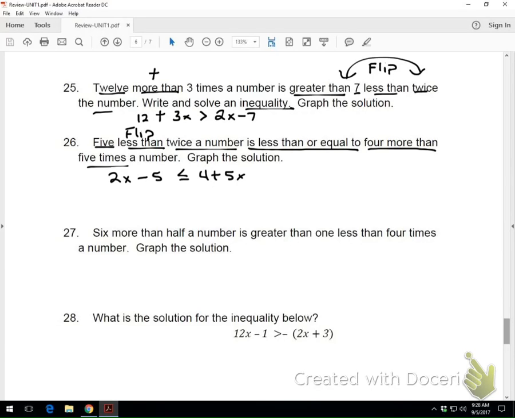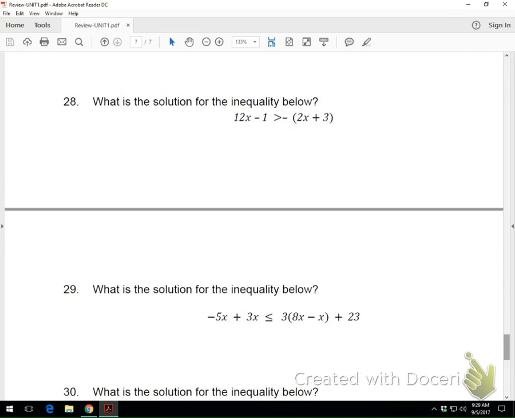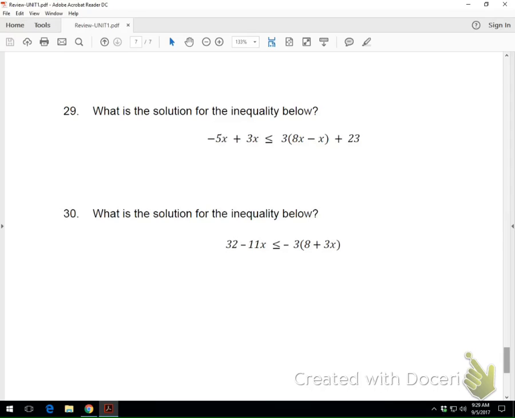Okay? 27 is very similar. 28 is very similar. Okay, now in 28, don't forget to put a 1 in between this negative and parentheses right there, and then draw your claw, and then you move your letters. 29, same way. And 30, same way. Okay?